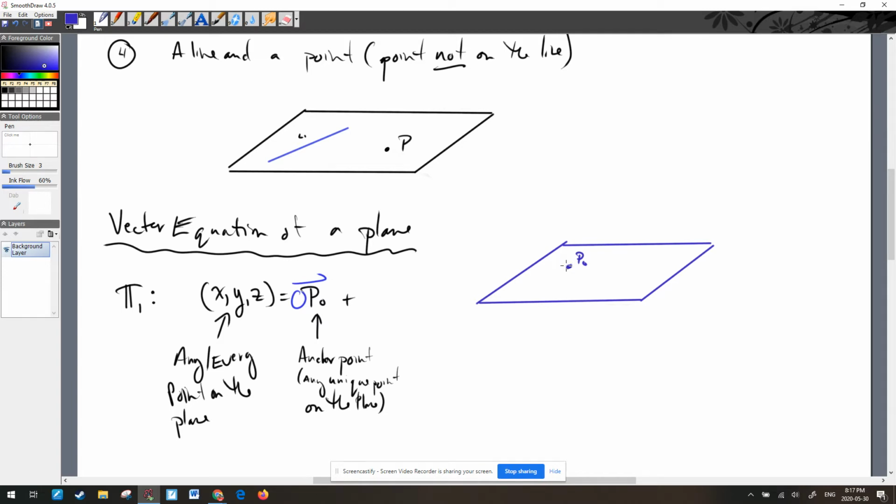I couldn't wander upwards away from the plane or downwards through the plane. I have to be really, really careful. And so with that in mind, we're going to say plus S times A plus T times B, where A and B are direction vectors.